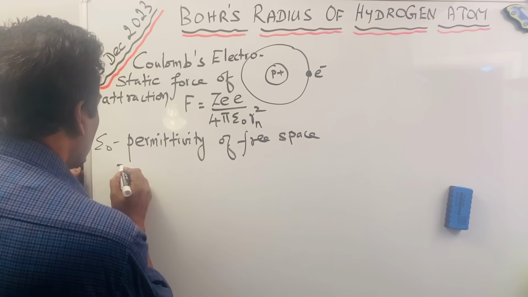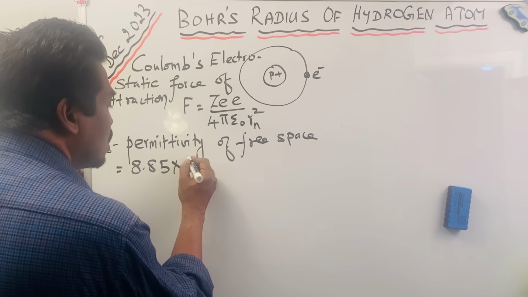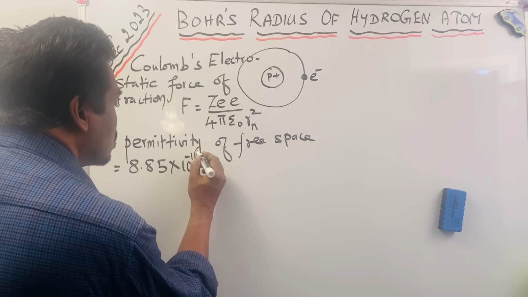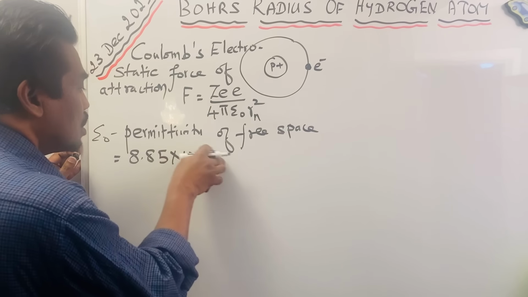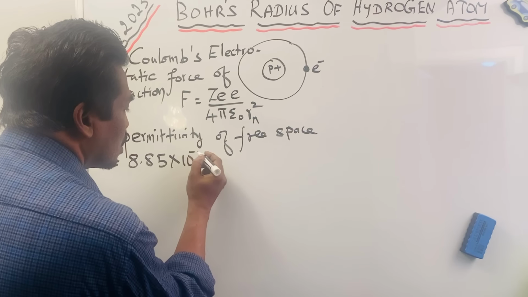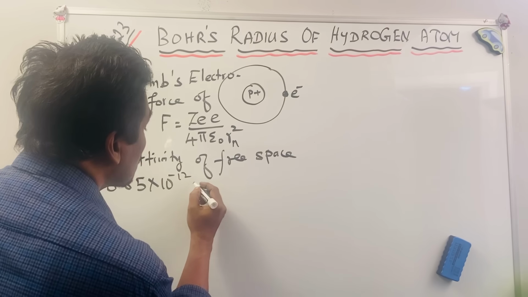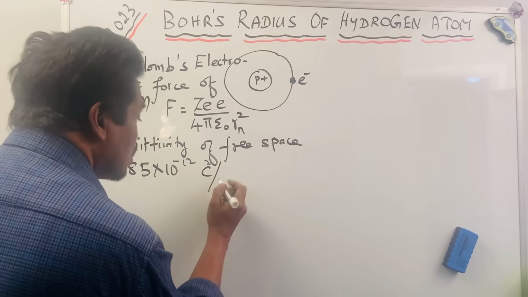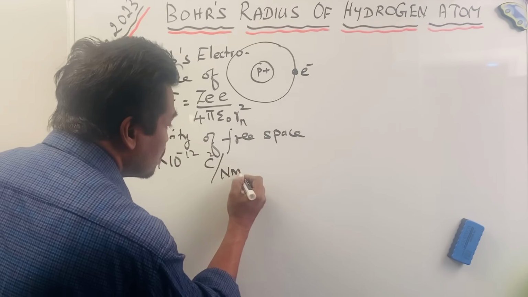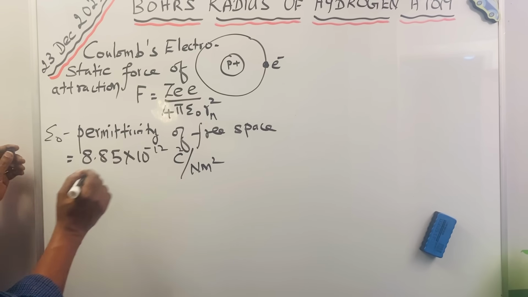The value of epsilon 0 is equal to 8.85 times 10 to the power negative 12, and the unit is Coulomb square per Newton meter square. So that is the unit for the permittivity of free space.